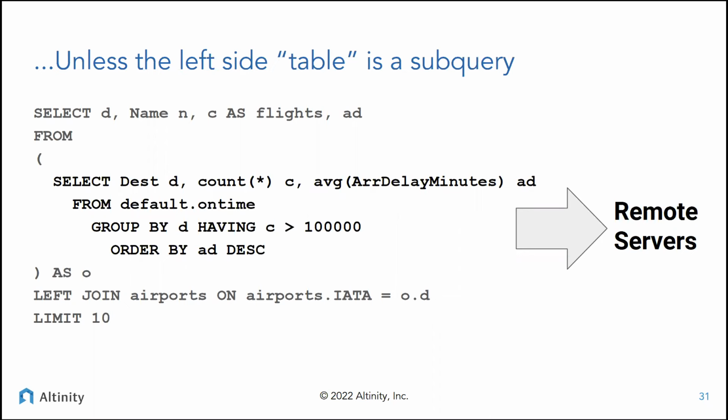And as you can see, depending on how long you've used ClickHouse, one of the things this shows is that we're doing a distributed query here. ClickHouse, though, does not have a distributed query optimizer. It's instead rule-based.